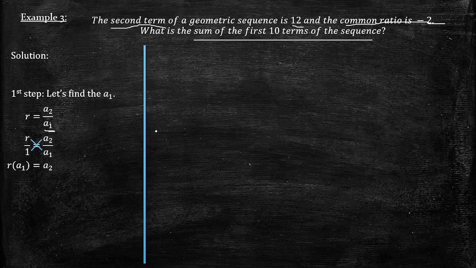Then, after this one, divide both sides by the ratio, para yung remaining sa left side lang si a sub 1. So, r times a sub 1 divided by r is equals to a sub 2 divided by r. So, makakancel out class yung common ratio sa left side. So, matitira na lang is si a sub 1 is equals to a sub 2 divided by r. So, this is the formula we are going to use for finding the a sub 1.